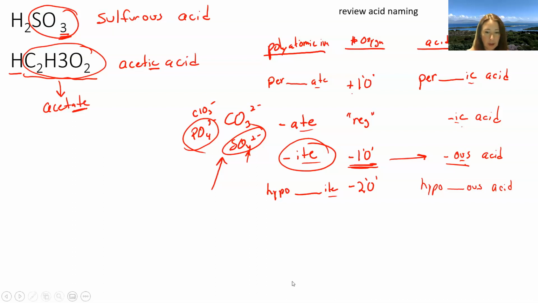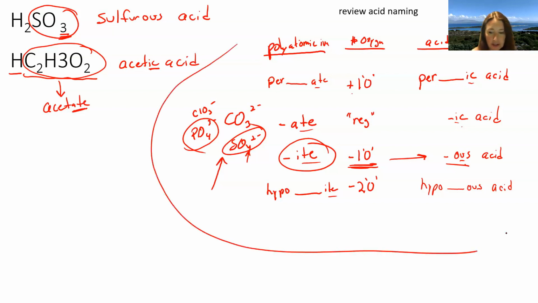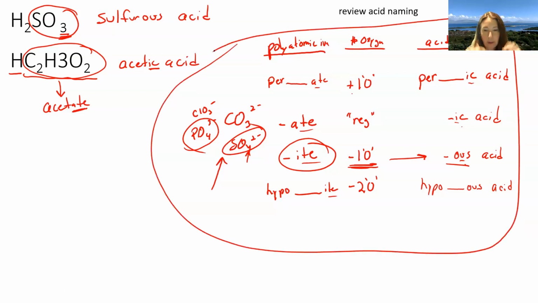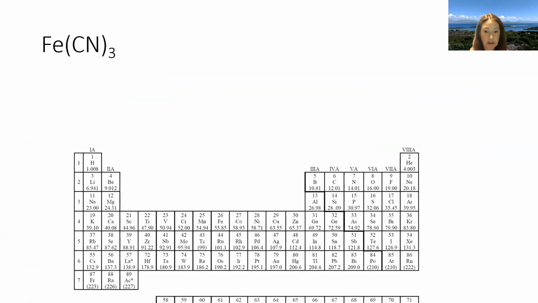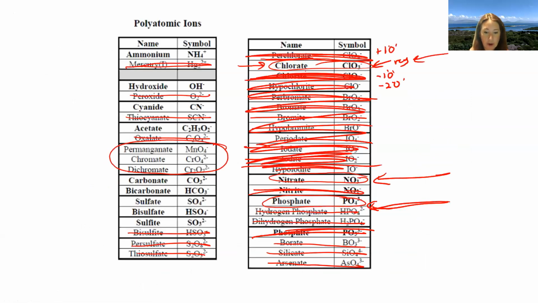Yes. Okay. And again, this sliding scale, you have to commit it to memory. I always tell people to just write it down a few times, but if you practice it, like when you're finishing your Chem 101, just going through the sliding scale with these polyatomic ions makes your life so much easier. Again, if you're like, I don't want to do this, okay, that's fine. You don't have to. You just have to memorize all of these.